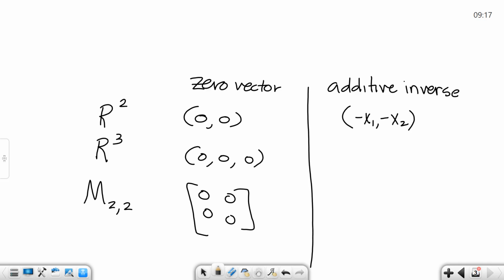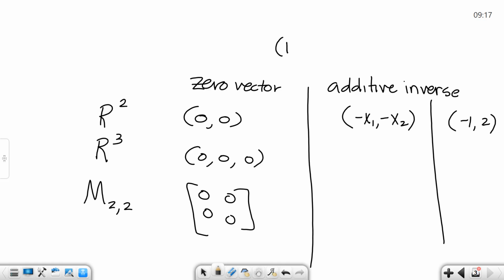So you could say that was an additive inverse. Another thing my students have often said is this. That's an additive inverse. And technically they're right. It's an additive inverse of something, right? And so for every element in R2, R3, M22, M44, whatever vector space, for any element there is an additive inverse.